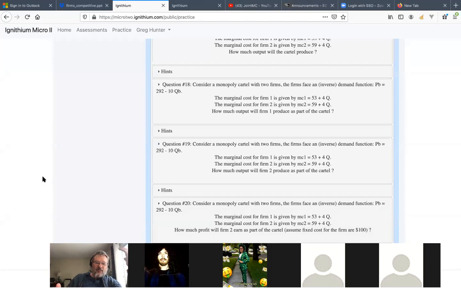Well, for profit, it's total revenue minus total cost. Right. So we use the total revenue is equal to the price times the quantity, and then minus the total.